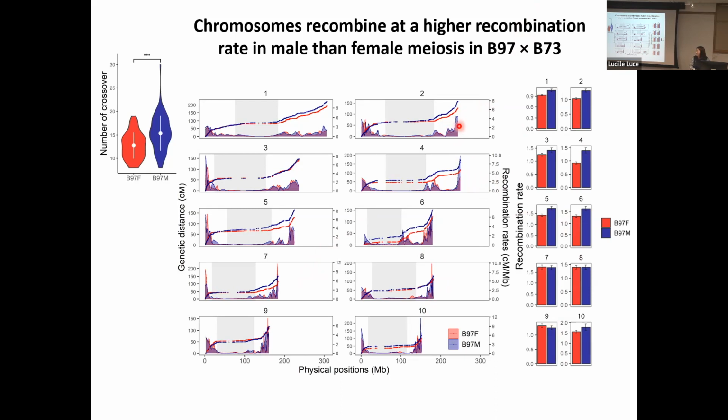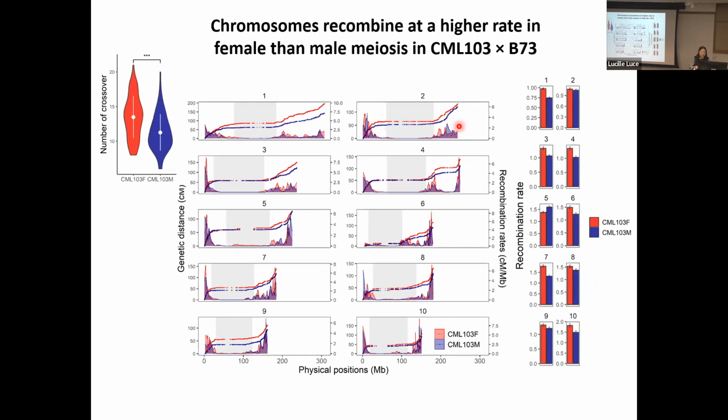Many chromosomes have very high recombination in male. If you check CML103, this one has higher female meiosis recombination rate. Typically, when it has higher female recombination, it is not only limited to the distal end, it goes across the entire chromosome. You can see it even not near the distal end.